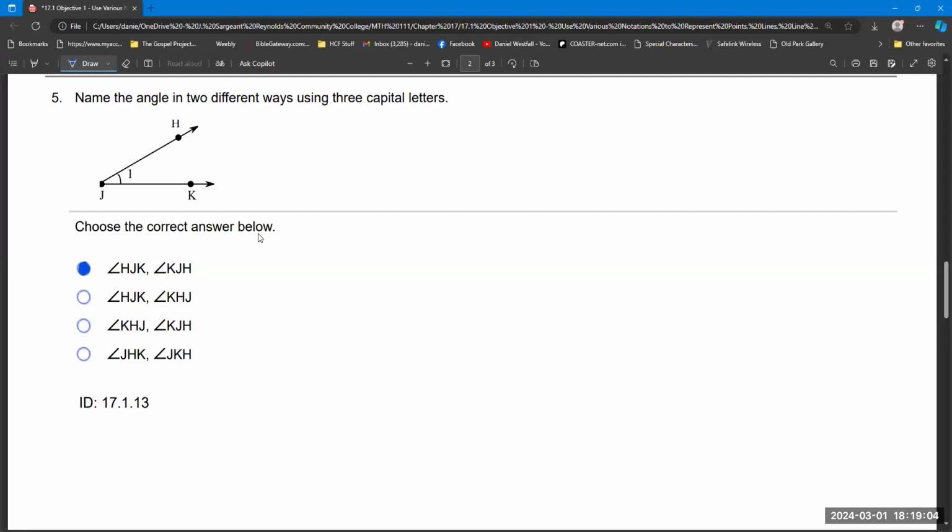I could also just call it angle 1, since they put a 1 in there. So I could have angle 1, or I could call it angle J, since it's the only angle with a vertex at J, and those would be shorthand. But as far as using letters here, we want to make sure that J, our vertex of our angle, stays in the center.